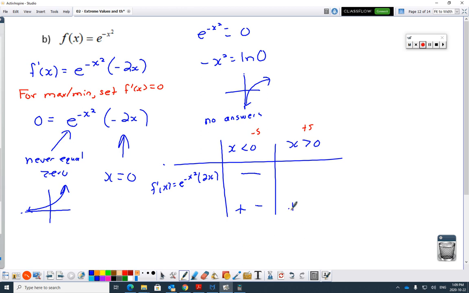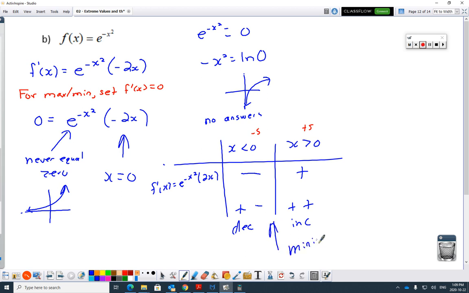And then I get positive and positive, which is positive, decreasing to increasing. So if it's decreasing for x less than 0, it's increasing for x greater than 0, what's happening at x equals 0? That's a minimum. Right there.